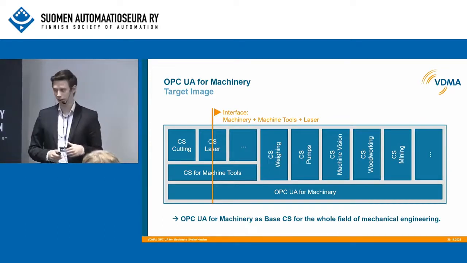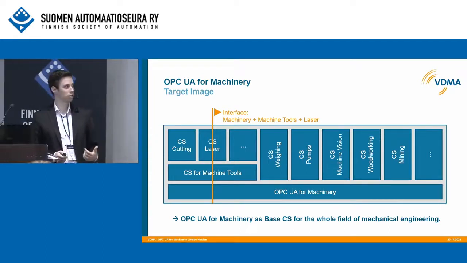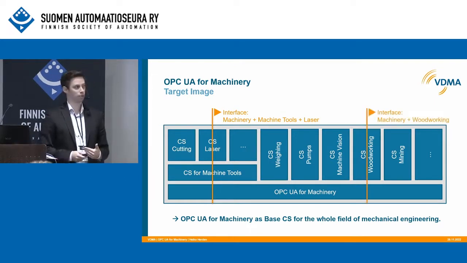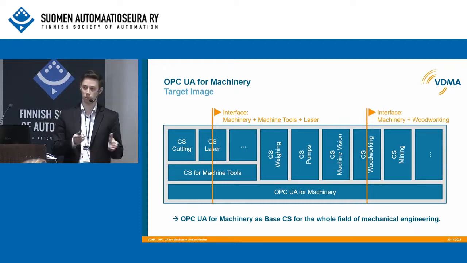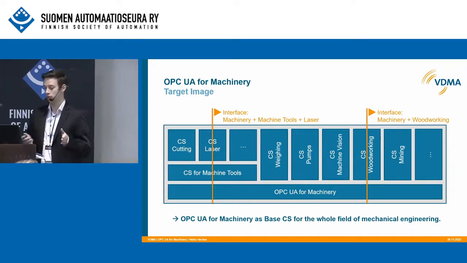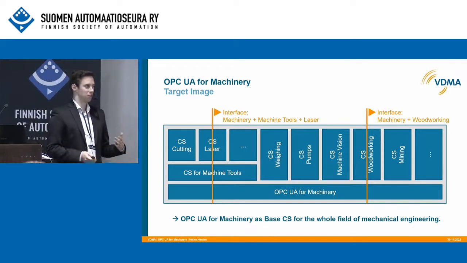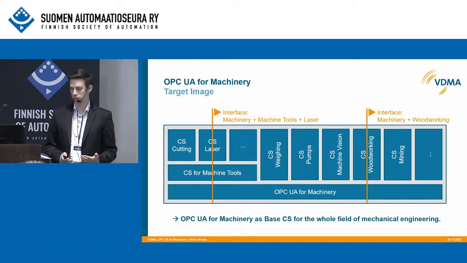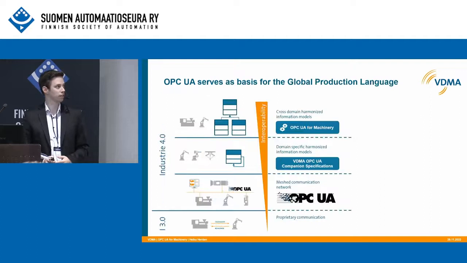And so in the end, in the interface, I will have the combination of 3 specifications: machinery, machine tools, and laser. The same goes for a woodworking machine. I would also have in the interface the combination of OPC UA for machinery and OPC UA for woodworking. And so here again the message is OPC UA for machinery is the base companion specification for the whole field of mechanical engineering.